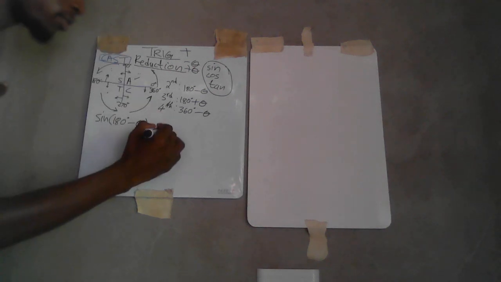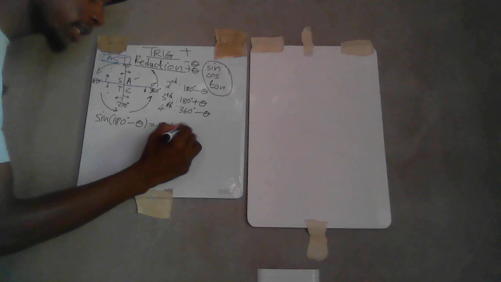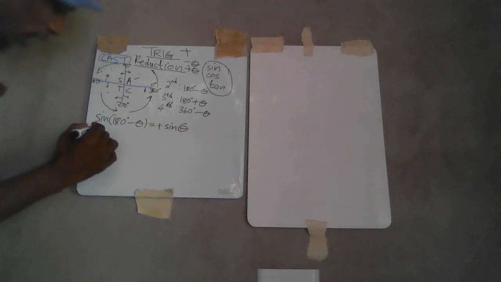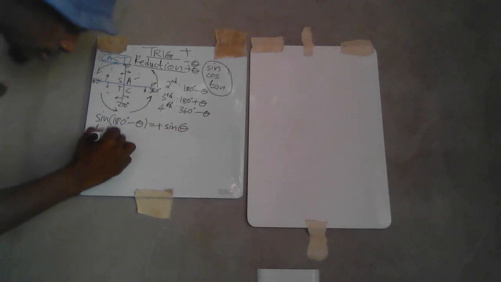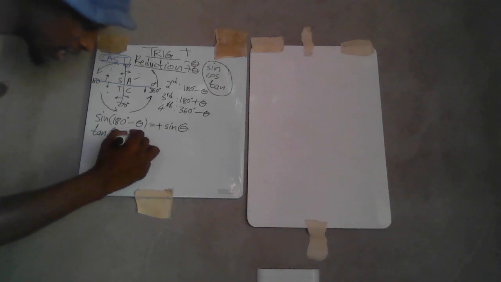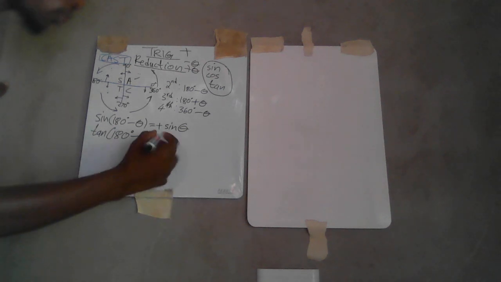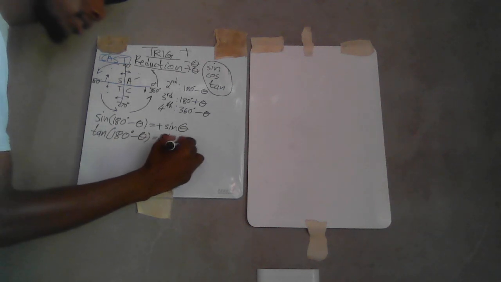Sine is positive, so from this one we'll get positive sine theta. What about tan of 180 minus theta? Again, 180 minus theta is the second quadrant. Is tan positive in the second quadrant? No, so it means negative tan theta.